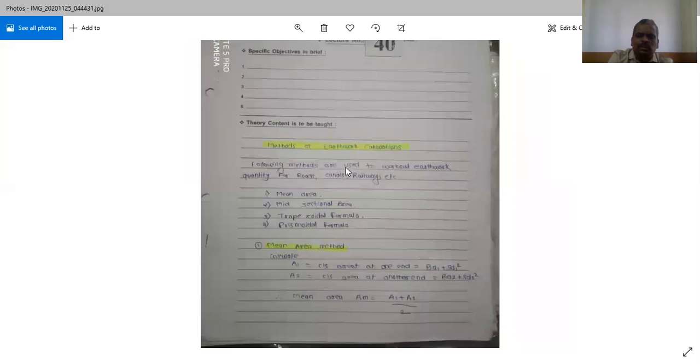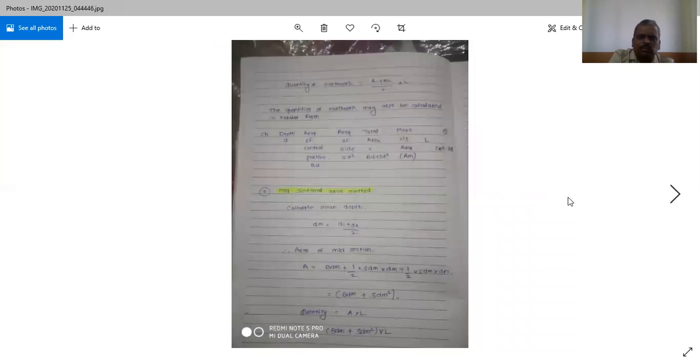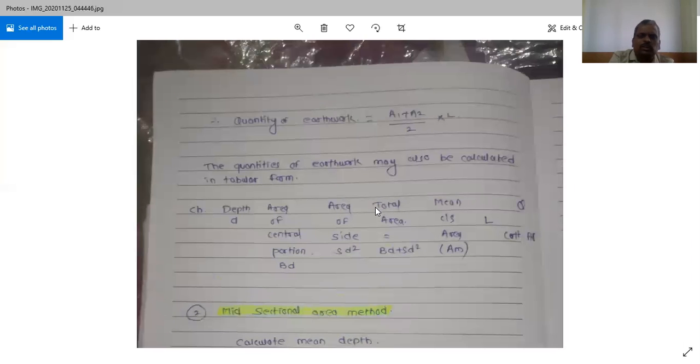In this manner, very easily we can calculate the mean area. After that, quantity of earthwork is equal to mean area into length, that is (A1 plus A2) divided by 2 into length, which will give us the quantity of earthwork.